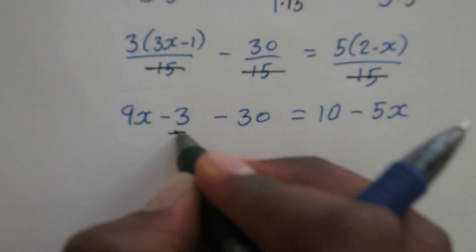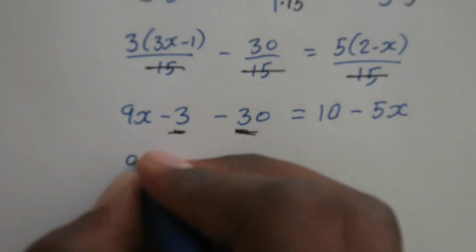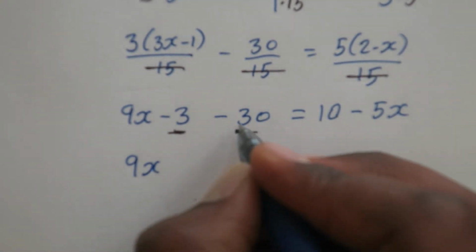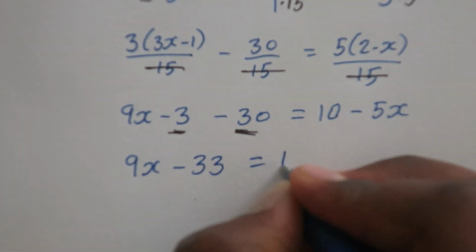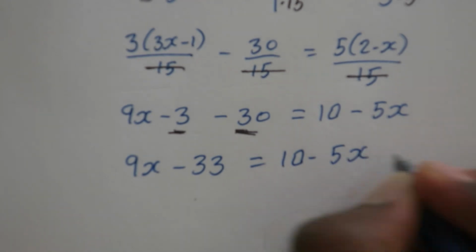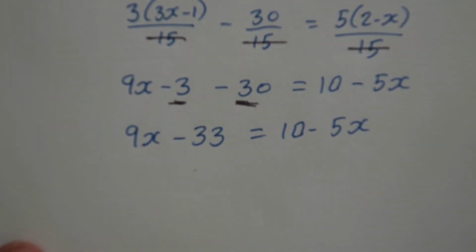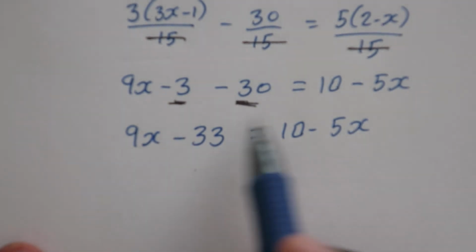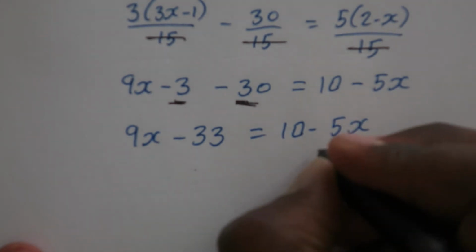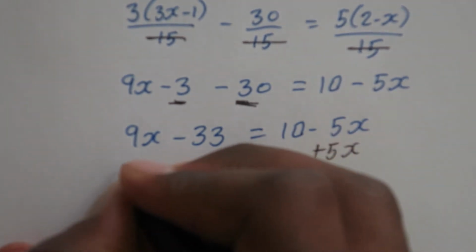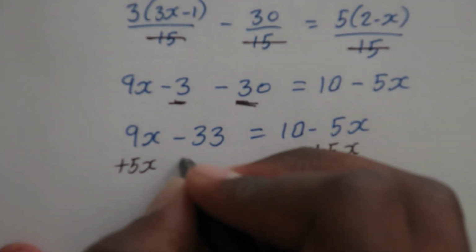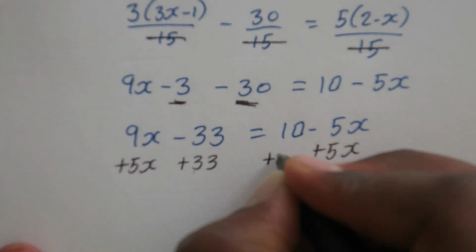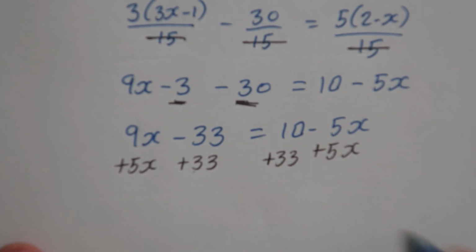Next step is combine the like terms if you have. So in this case I have the -3 plus the -30 as my like terms, and that makes -33 equals 10 minus 5x. Alright, let's continue. Now we want to have the ones with an x on the same side, so I'll move the 5x over to the left by doing the opposite operation, and move the -33 over to the right by doing the opposite operation, and then add straight down.